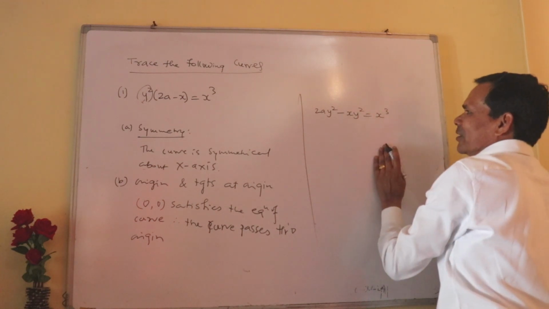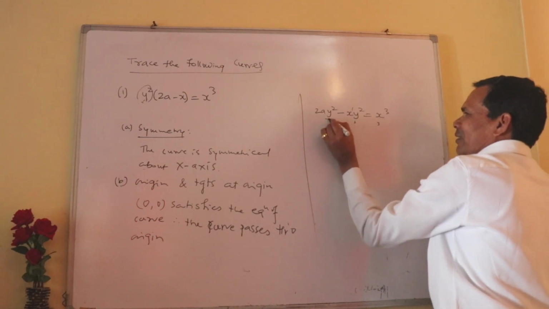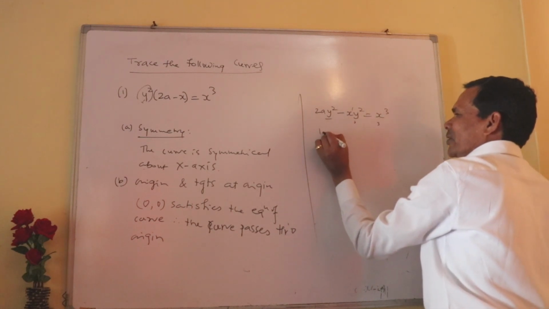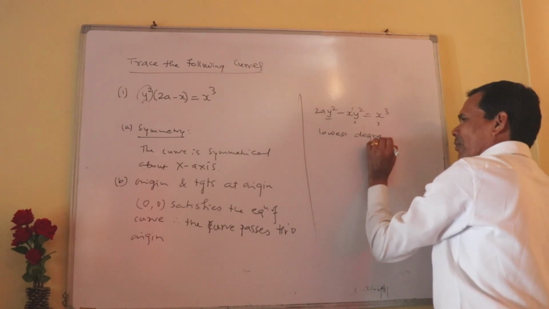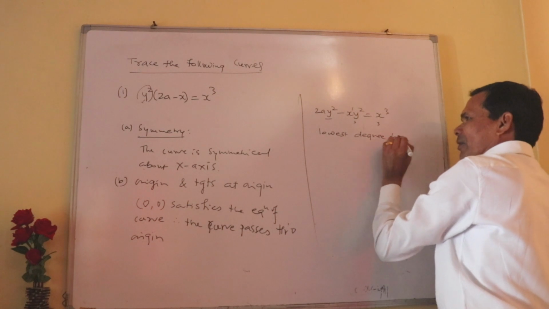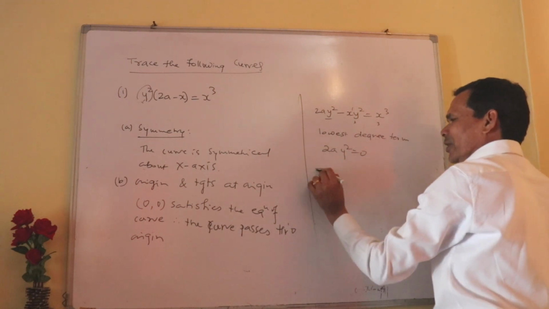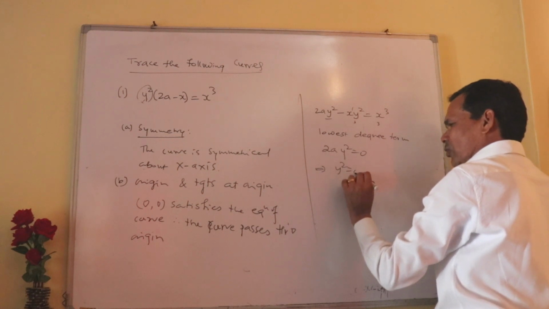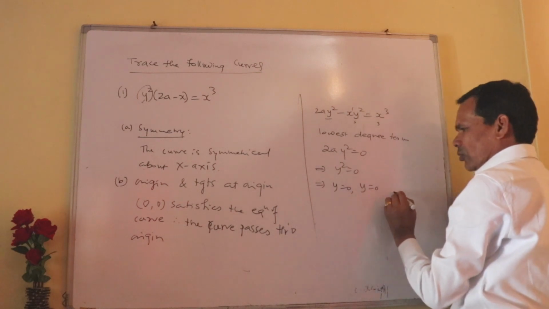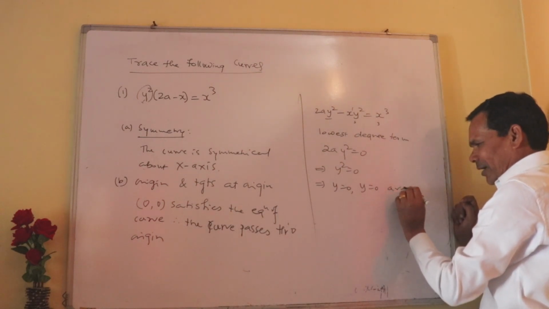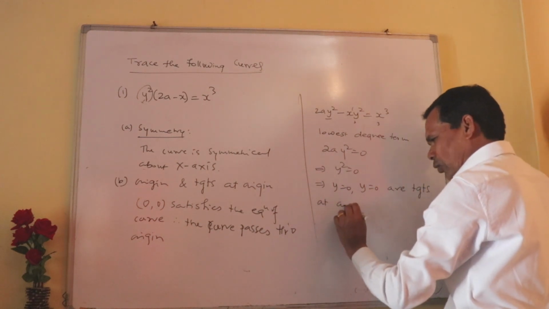Here x y square is degree 3, x cube is degree 3, and 2a y square is degree 2. So the lowest degree term, 2a y square, equated to 0, implies y square is equal to 0, meaning y is equal to 0, y is equal to 0. These are the two tangents at origin.